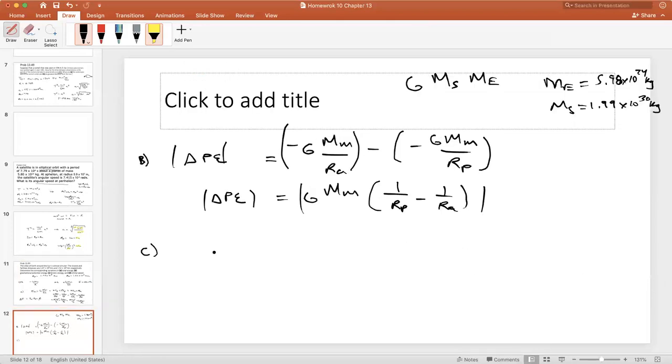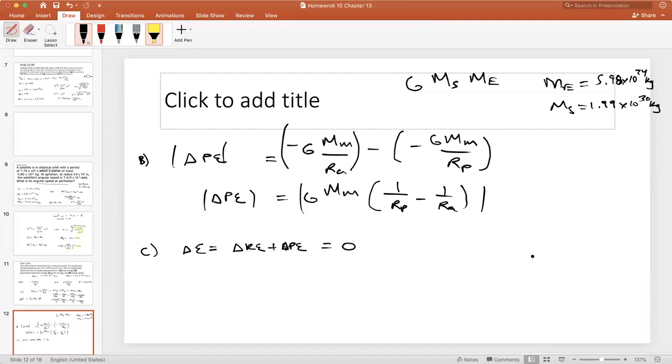Now, what is the change in kinetic energy? We know that the change in energy is the change in kinetic energy plus the change in potential energy, and this is 0. So the change in kinetic energy better equal the change in potential energy. Same answer as part B. You don't need to do anything.